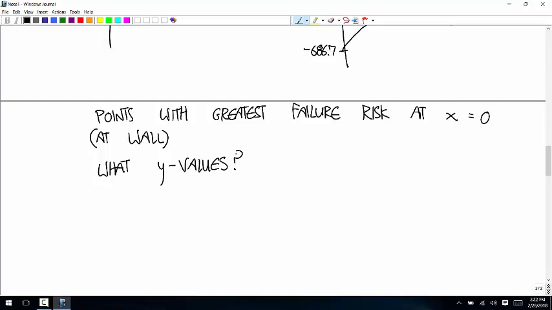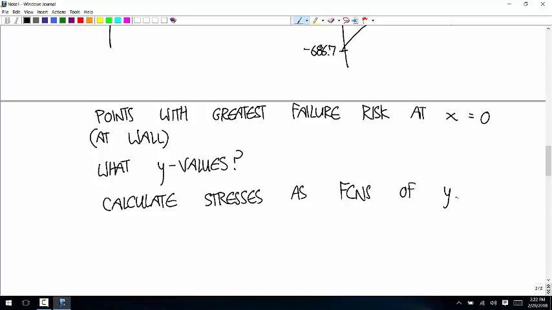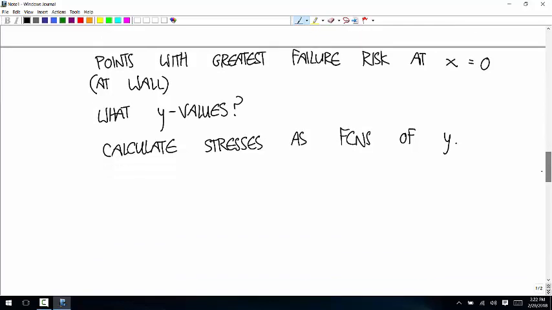Let's do this where we're going to calculate the stresses as functions of y. And then our final answer will have a y in it, and we can find where that's maximized. Anybody have any questions about where we're going now?